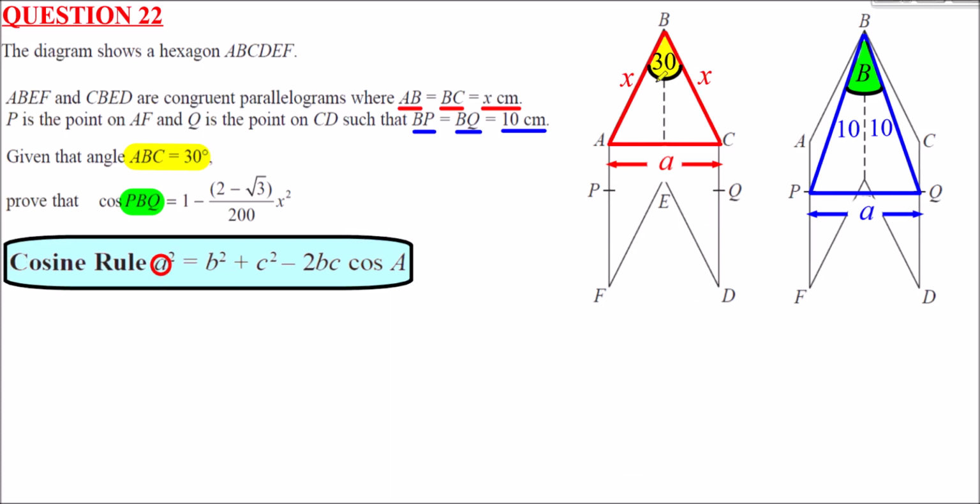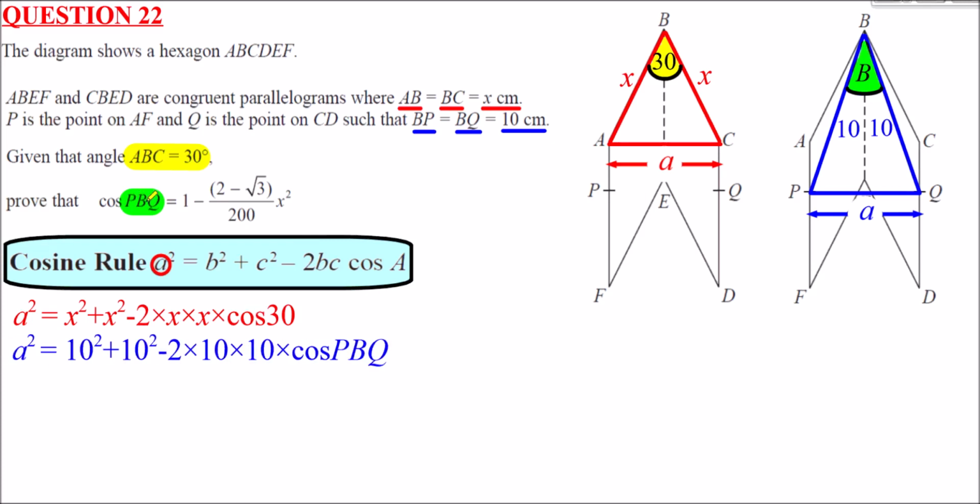So looking at the red triangle, A squared will be x squared plus x squared minus 2 times x times x times cos of 30. And looking at the blue one, A squared will be 10 squared plus 10 squared minus 2 times 10 times 10 times cos of B, which is PBQ.